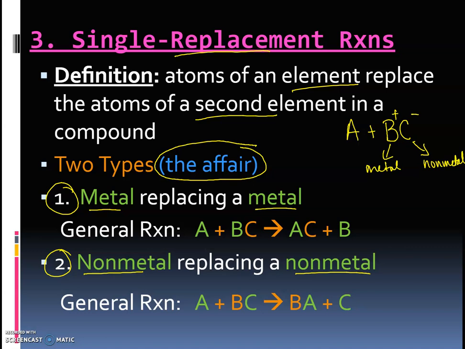So when you have your metal replacing a metal, A is going to replace B, and B now becomes the single element. And then A takes its place bonded to C. But on the other hand, when you have a nonmetal replacing a nonmetal, A is negatively charged.